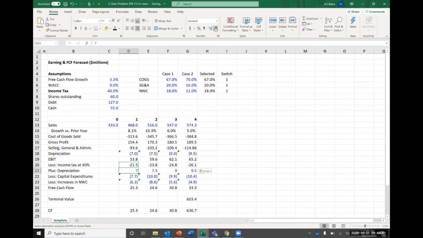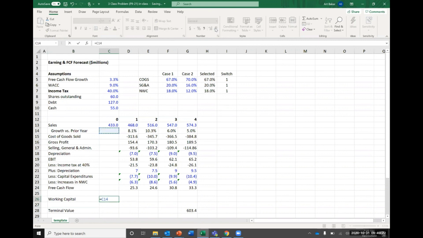So far, everything seems to match with what we were given. The trick is net working capital, because what we have here is the increase in net working capital. So I'll put in a couple more rows here. And what I will create is a working capital line. So remember, they said in year 0, they assumed 18%.